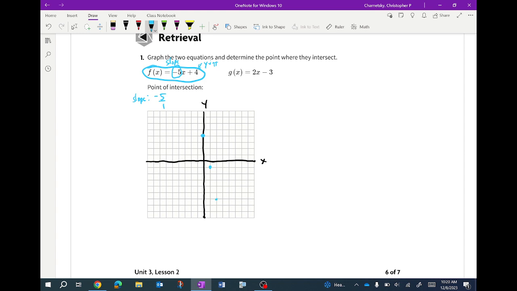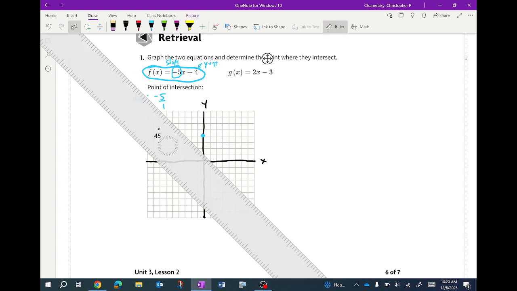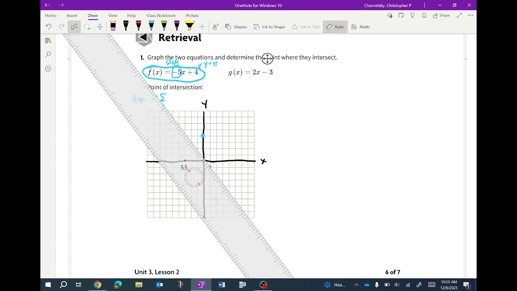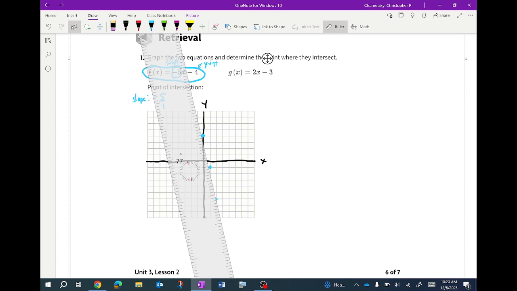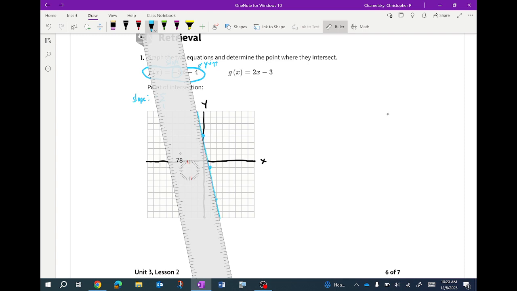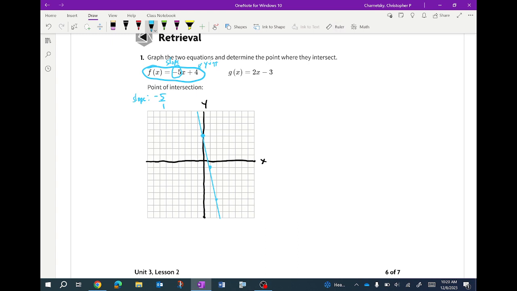And now I've got enough points I can actually graph this. I'm going to use a straight edge to get a nice clean graph here. Okay. So there's the graph of the first function, that is f of x.